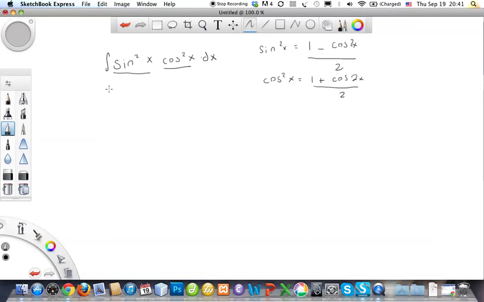So I'm going to rewrite this as the integral of sine squared x as 1 minus cosine of 2x over 2, times 1 plus the cosine of 2x over 2 dx.